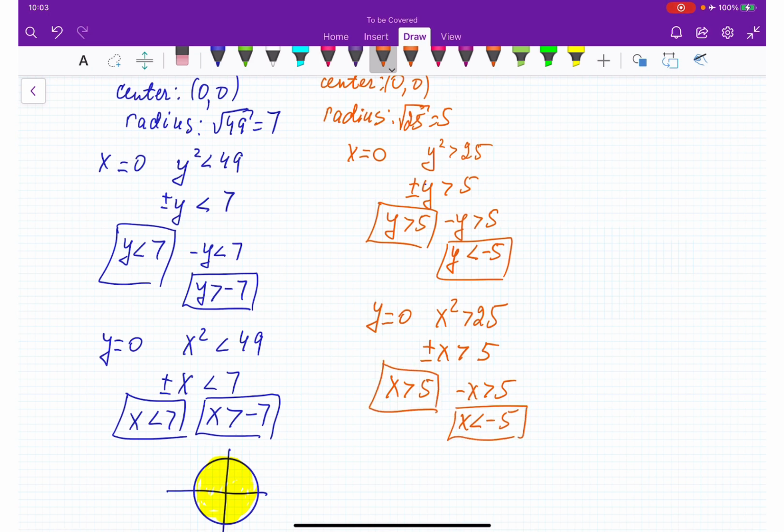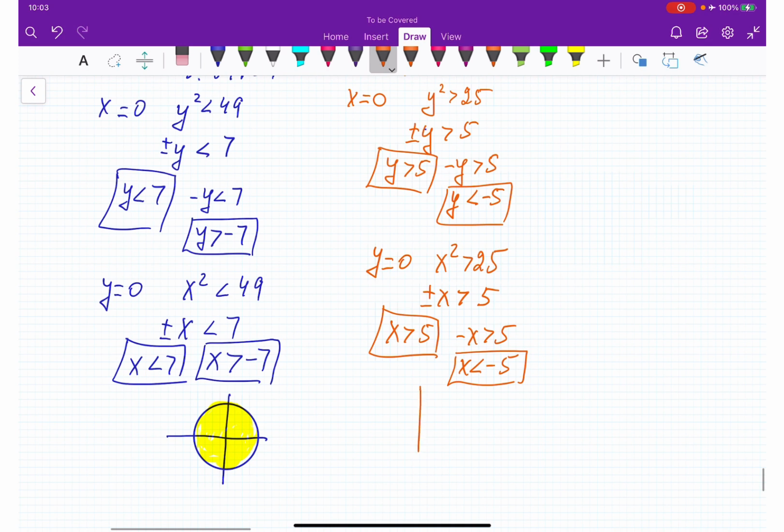So let me show you what's going to happen here. All right. Well, we assume it's symmetrical. I'm not going to waste time on this one.